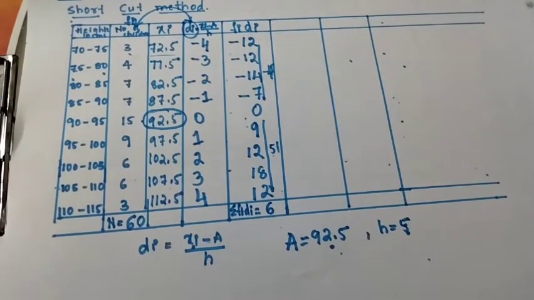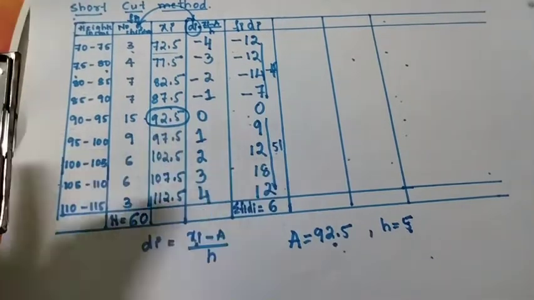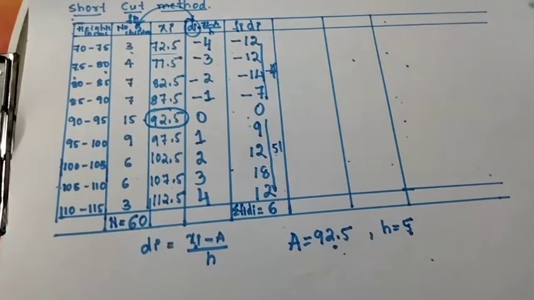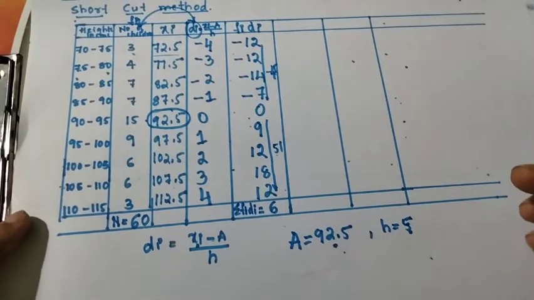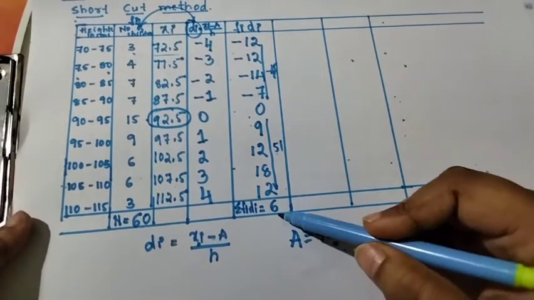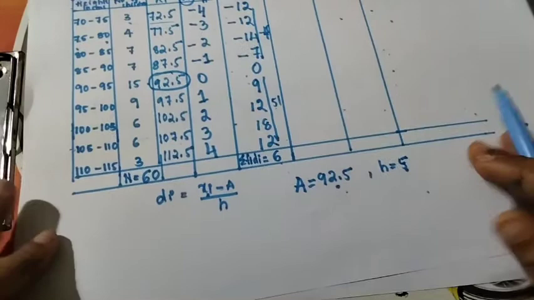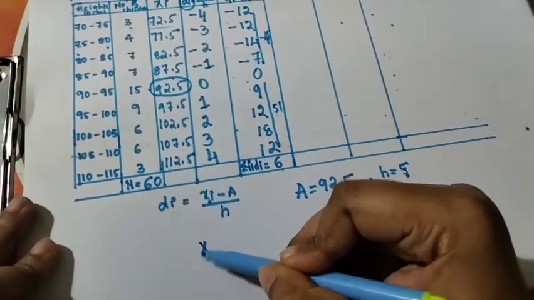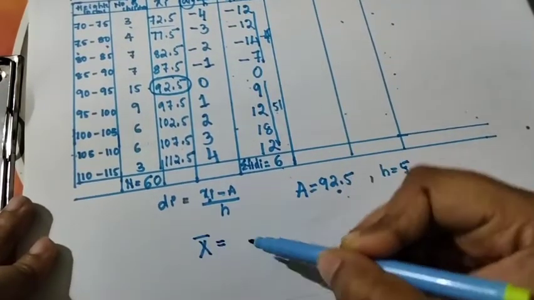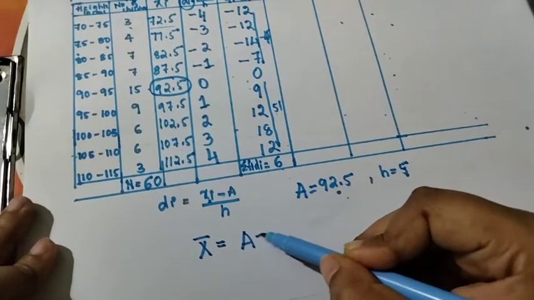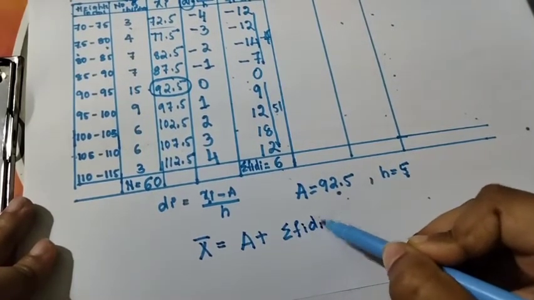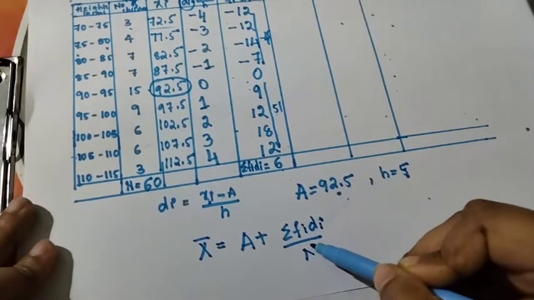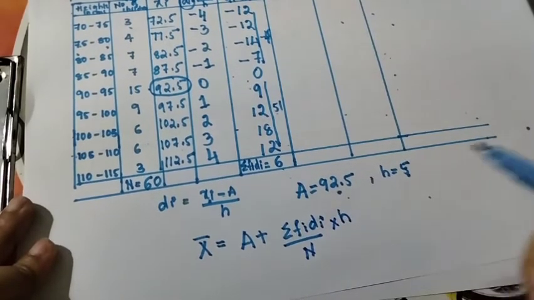Okay, you can take your calculators and verify. So minus 12, minus 12, minus 14, minus 7, plus 9, plus 12, plus 18, plus 12. So you get the value as 6. So to calculate the mean value, that is x bar value, you have the formula: assumed mean plus summation fi into di divided by n, into h.